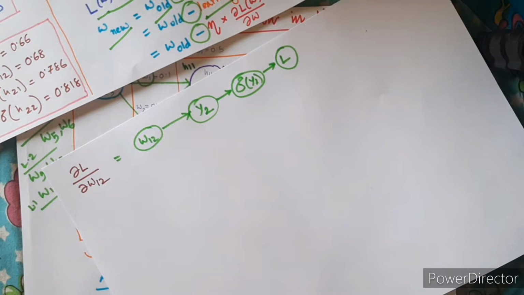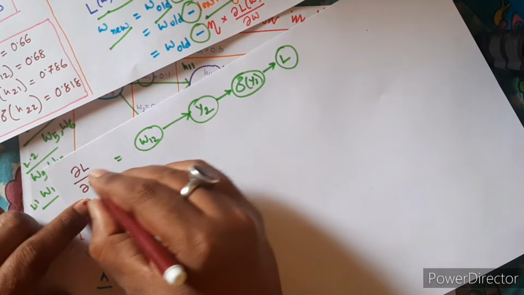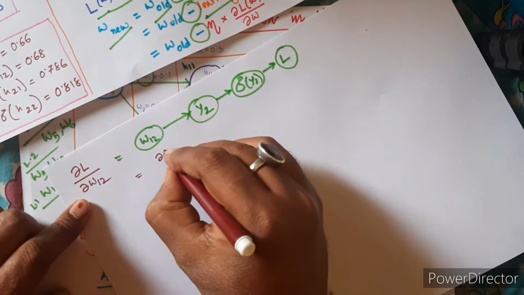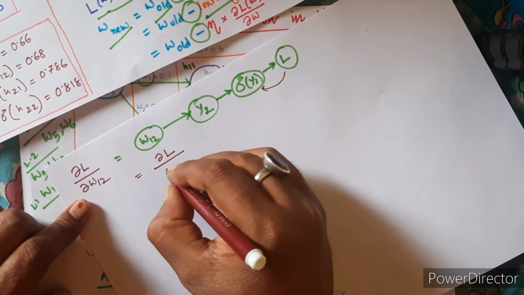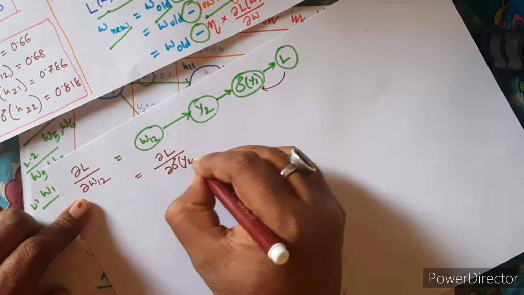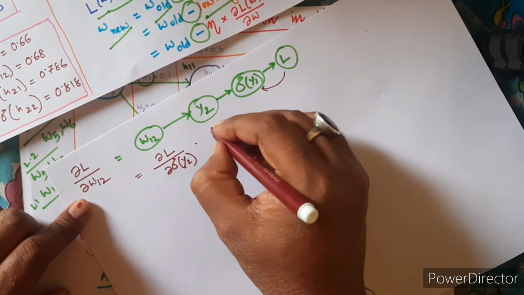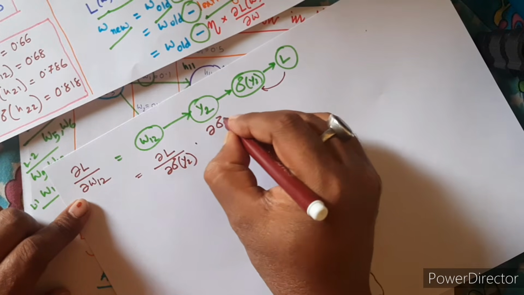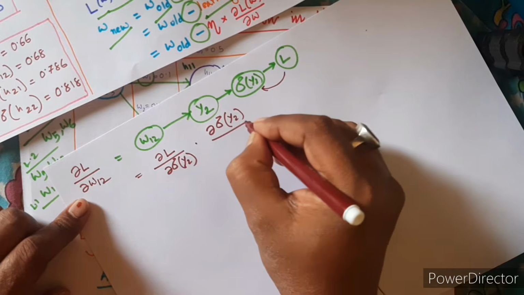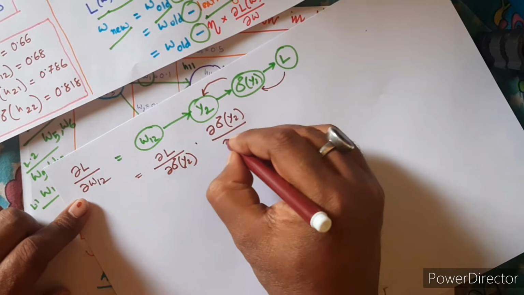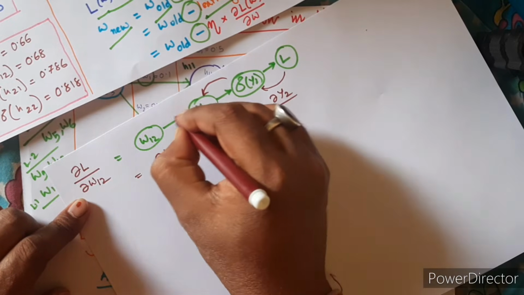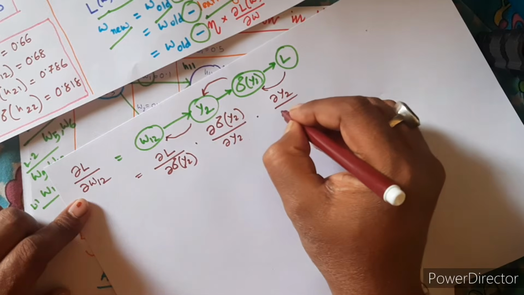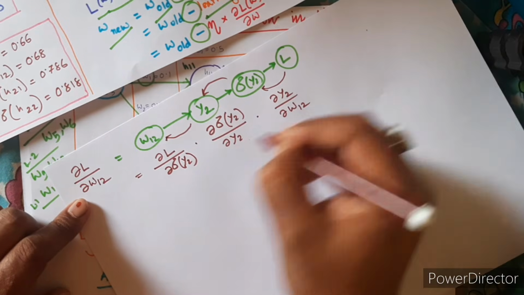Okay, so applying this chain rule, we can write this as delta L by delta sigma of y2, into delta sigma of y2 by delta y2, and then delta y2 by delta w12.